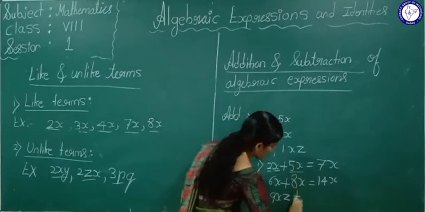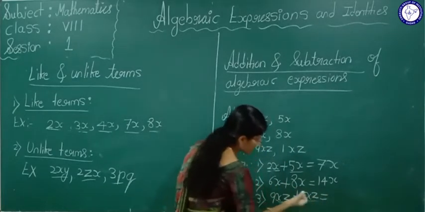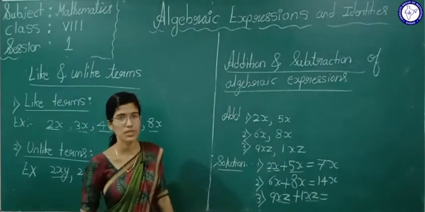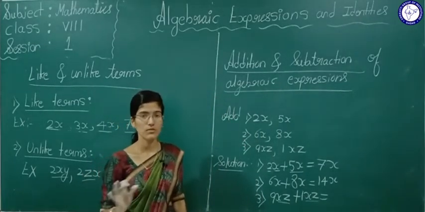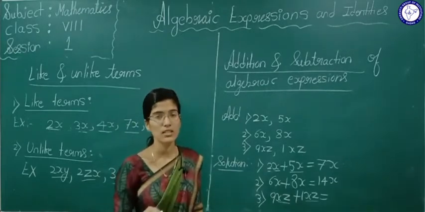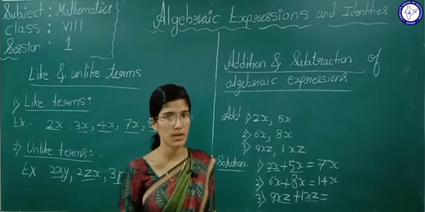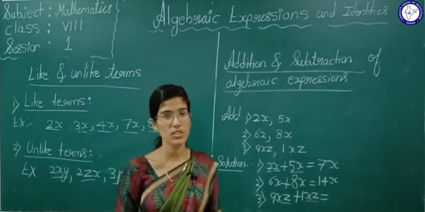Now third one you see. 9xz plus 1xz. First you have to check whether these are like terms. See students, you are making so many mistakes. You don't know which terms to be added. Okay, I am repeating once again. Like terms you have to add. This is the basic mathematics. You have to be very strong here.